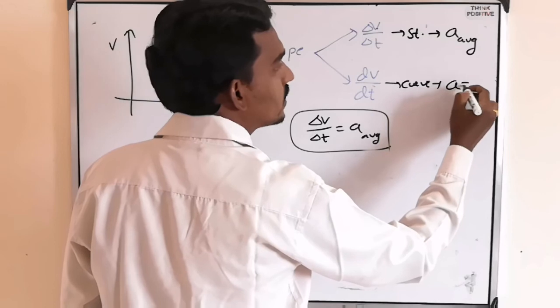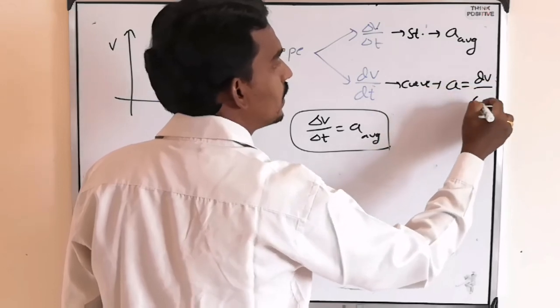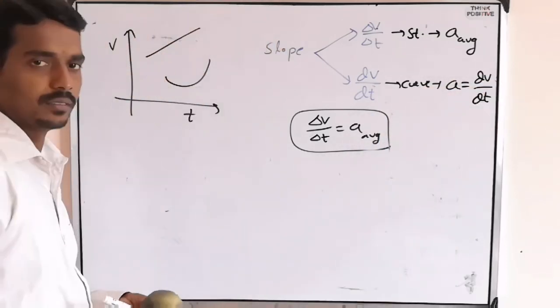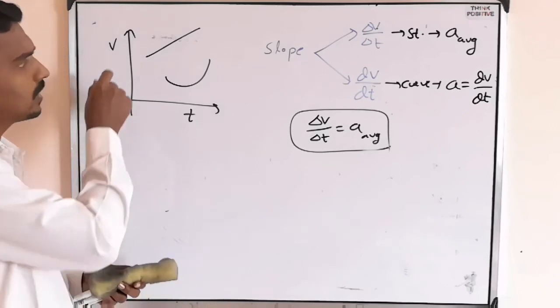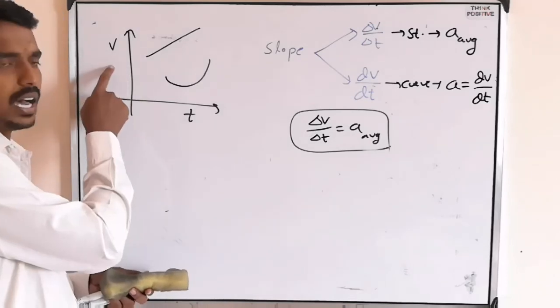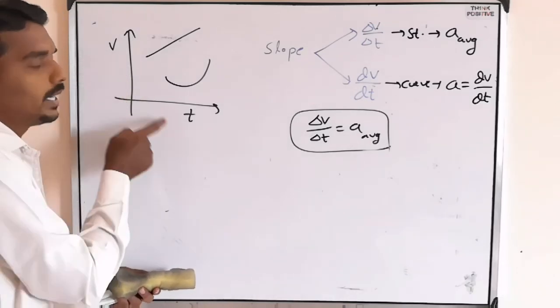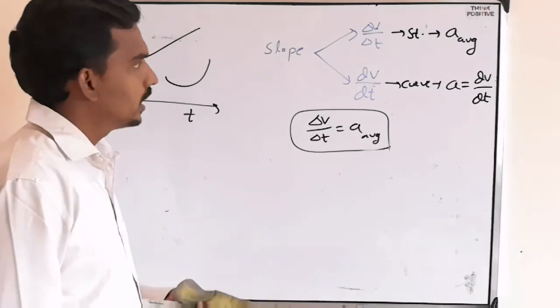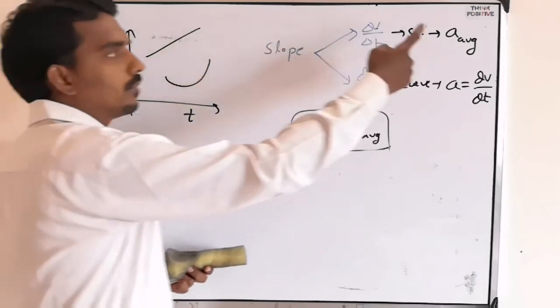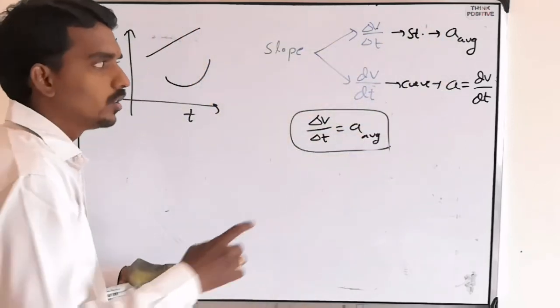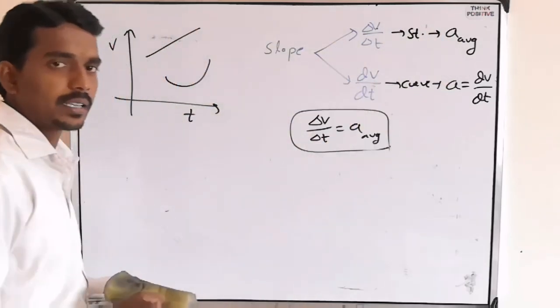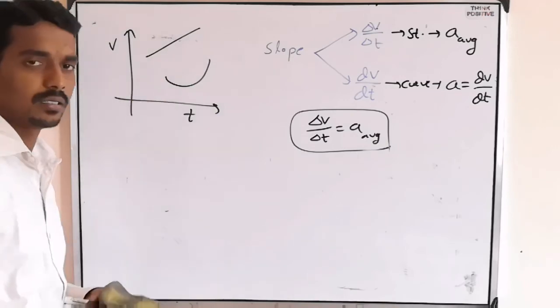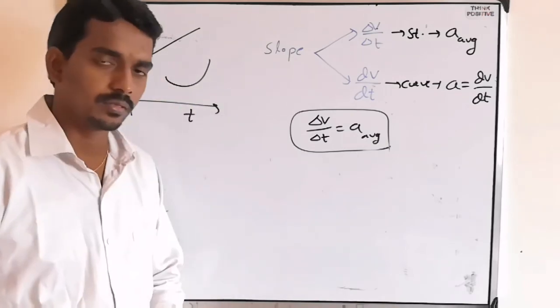Curve means what? Instantaneous. So from the slope of the vt graph, you can find acceleration. If the graph is straight, you can find average acceleration. You can find instantaneous acceleration if it is curve.